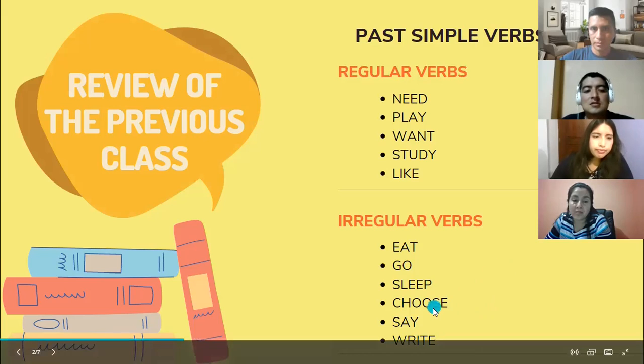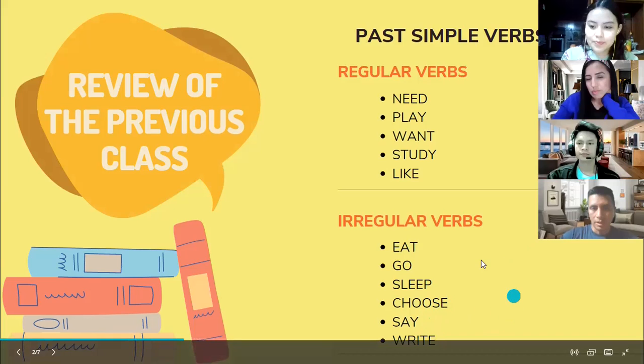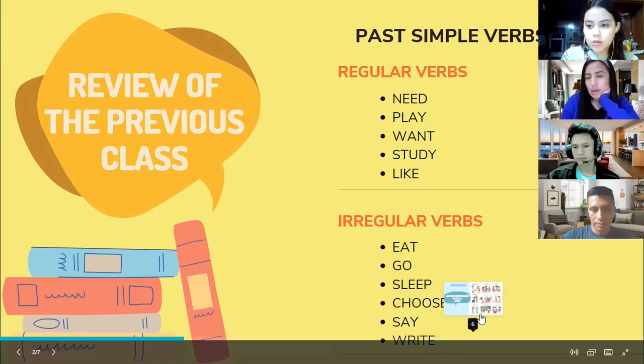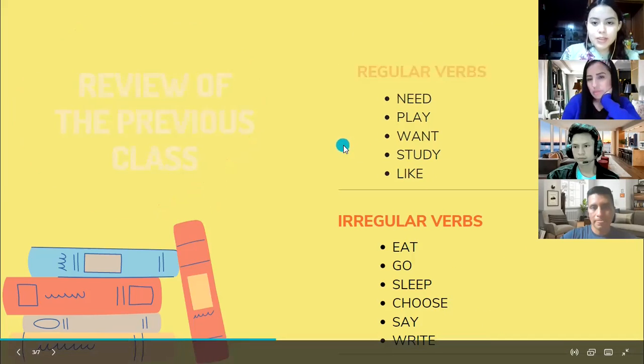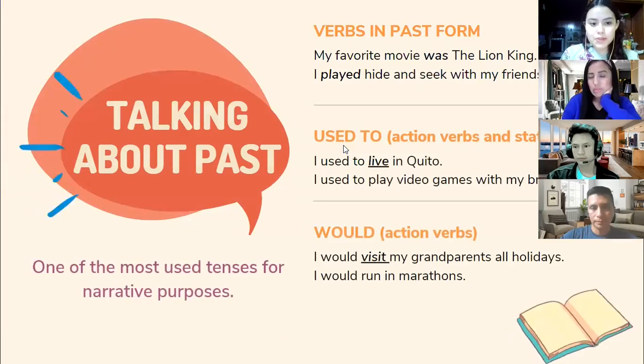William, what is the past form of the verb say? Said. Said, okay. And Sonia, the past form of the verb write? Wrote. Correct. So for this part, those are the verbs, right?